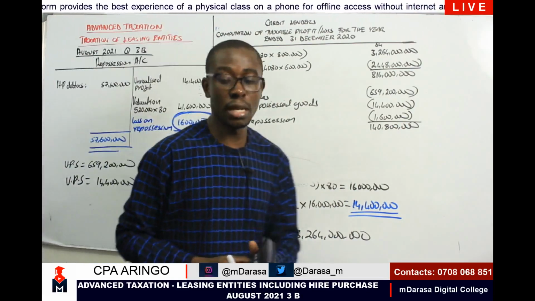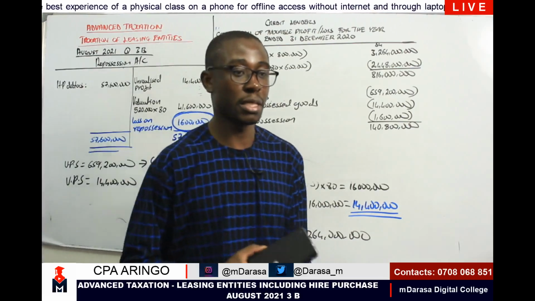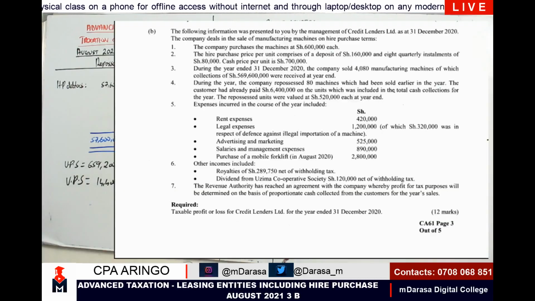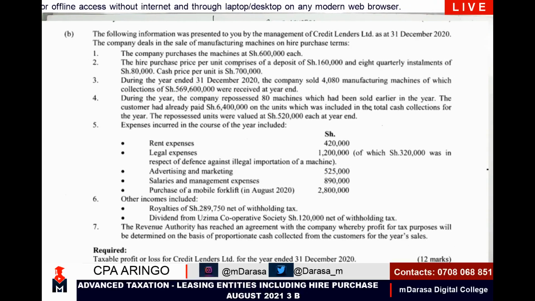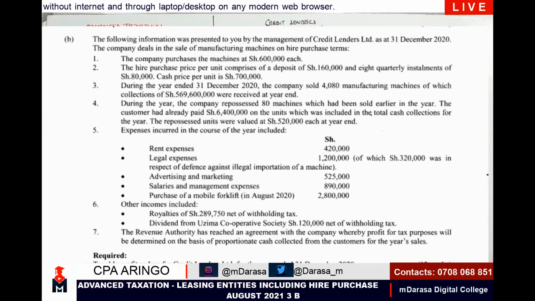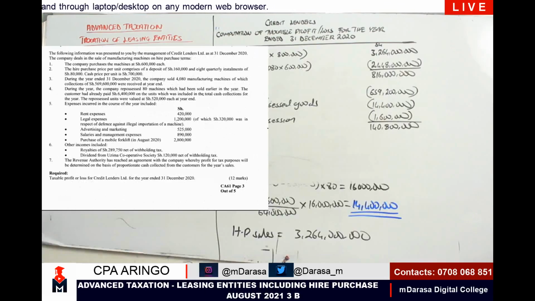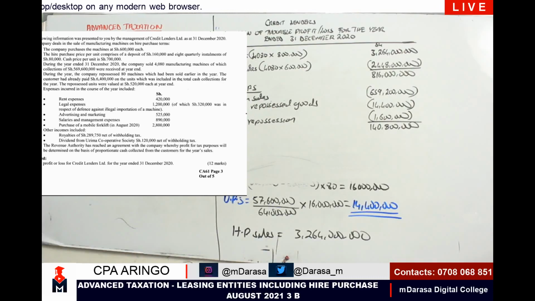Then identify if we had other operating expenses in our question. Now come to our question. I believe by now the other bit you can clear. You are told that expenses incurred during the year are in note 5.